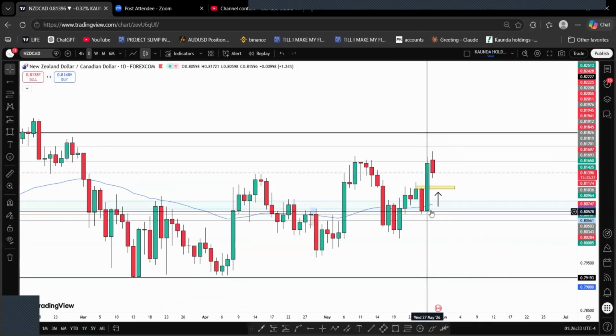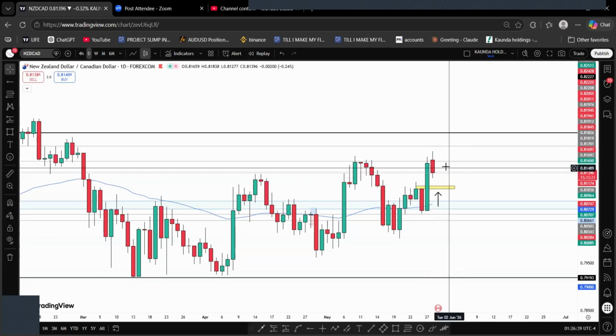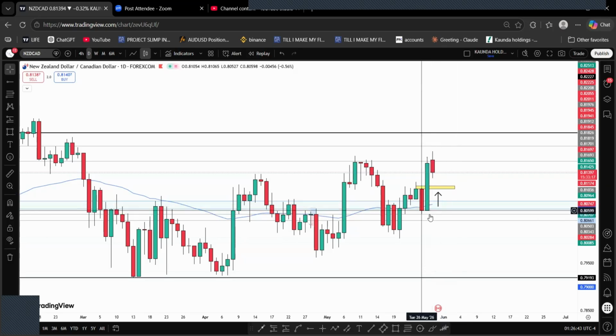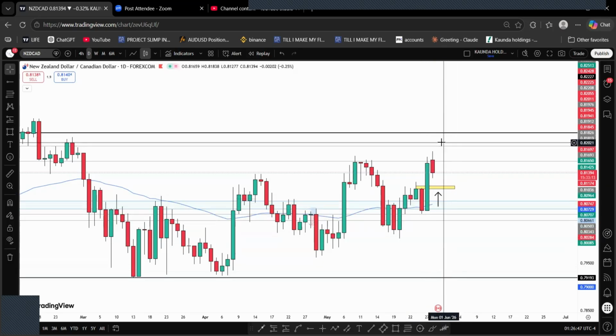Because this daily candle has no wick, it just opened. So there's a high chance tomorrow's daily candle will come back to this level and even give you a weak pullback, then a weak close, then it will buy. That's why you see me waiting for that spot there.